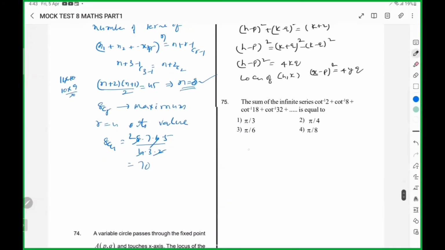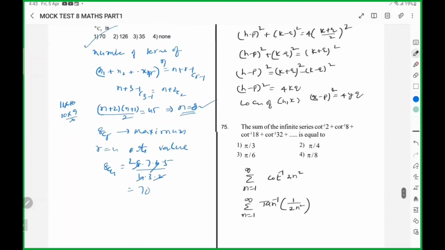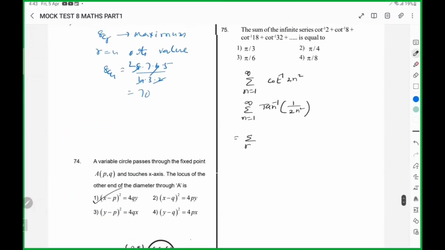So this one is sigma cot inverse 2n square, n from 1 to infinity. n is 1, n is 2, 8, n is 3, 18, which I can write as tan inverse 1 by 2n square, sigma n equal to 1 to infinity, tan inverse 2 by 4n square, sigma n equal to 1 to infinity tan inverse 2 by 1 plus 4n square minus 1.